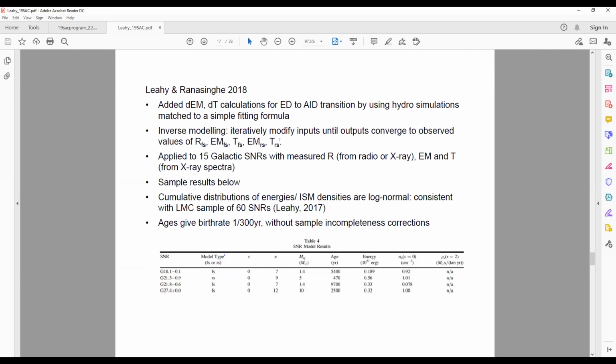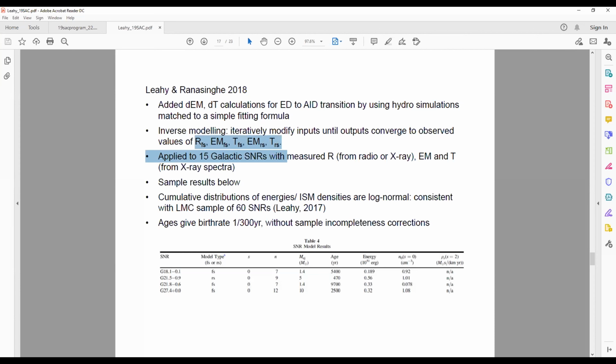And the key thing here is, to model a supernova remnant, you need both the emission measure and the temperatures of the forward and reverse shock material, as well as the radius of the forward shock.